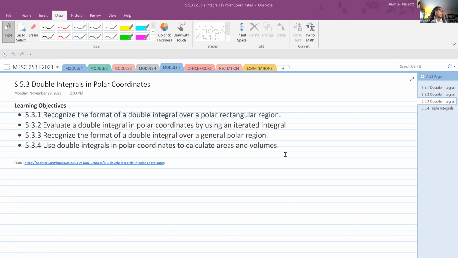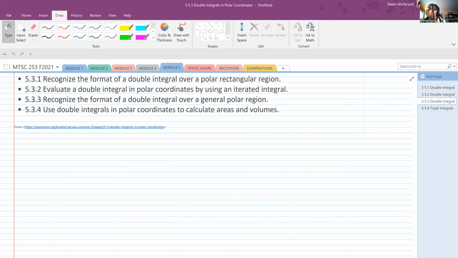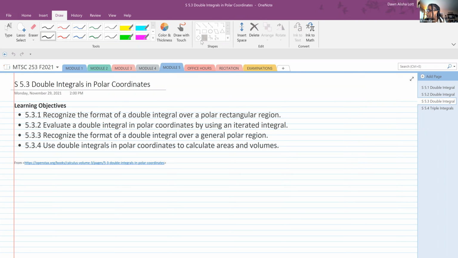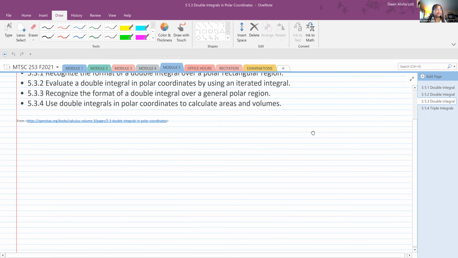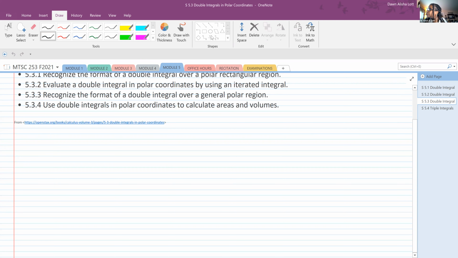Okay, so I'm going to draw this picture of a polar rectangle. All right, so basically, here's that.